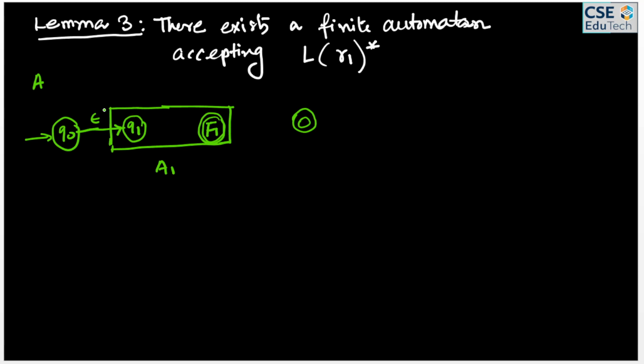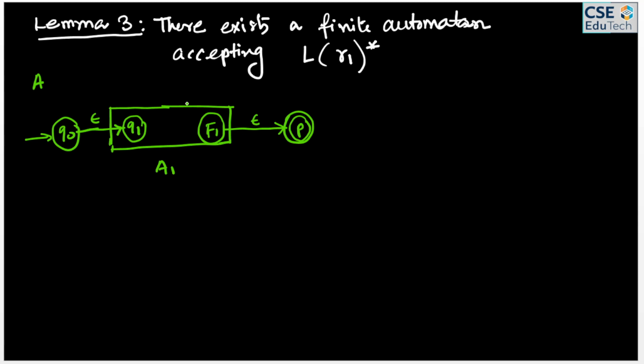It will be P, and F1 will no more be a final state, and there is a transition from F1 with an epsilon move to P. Right?